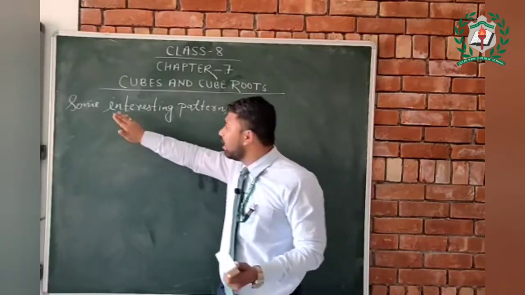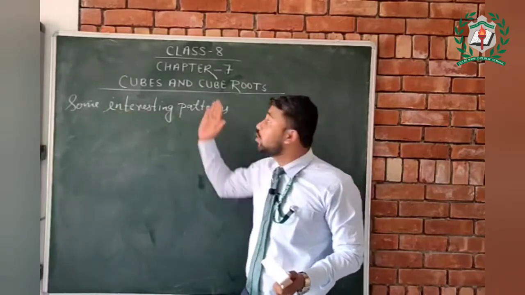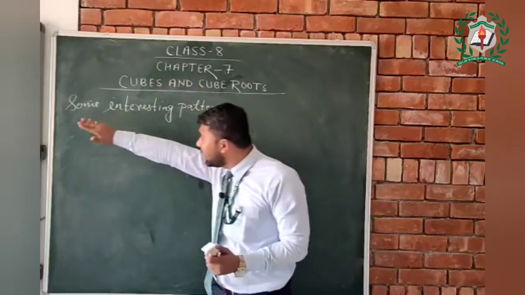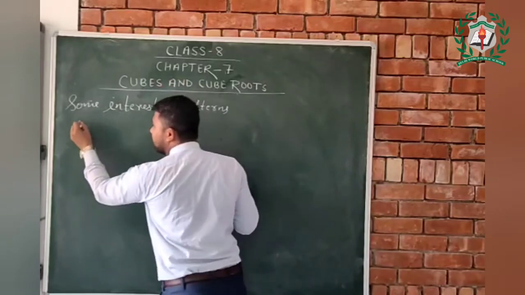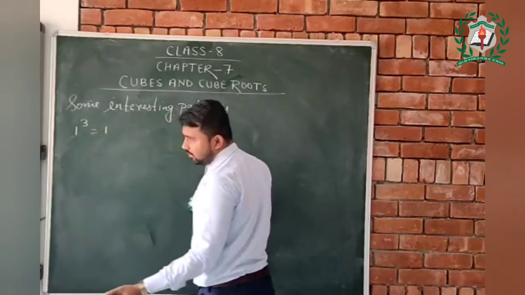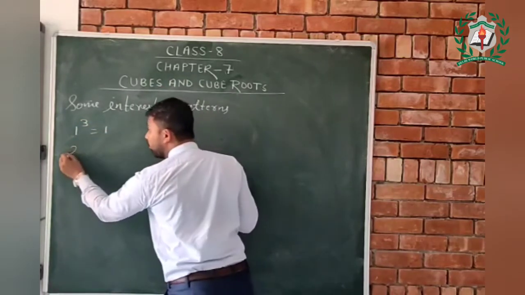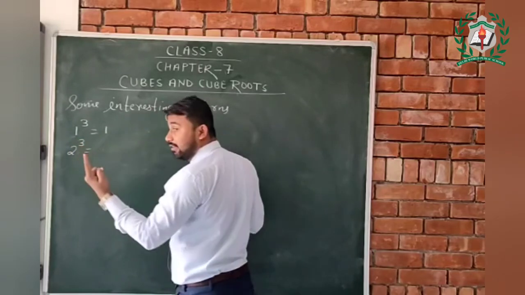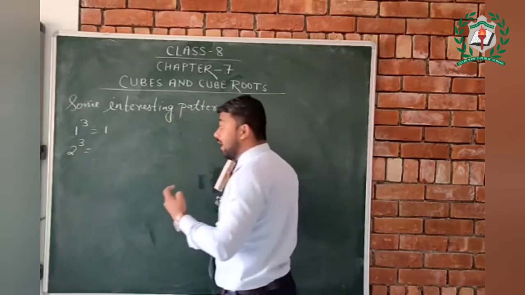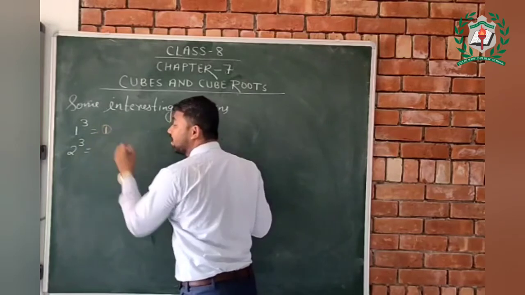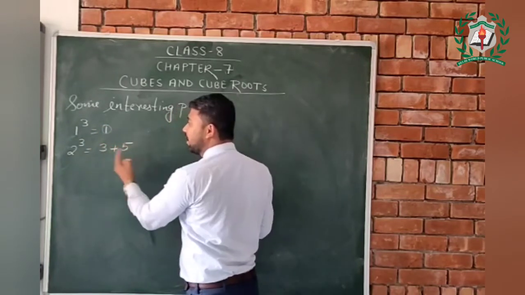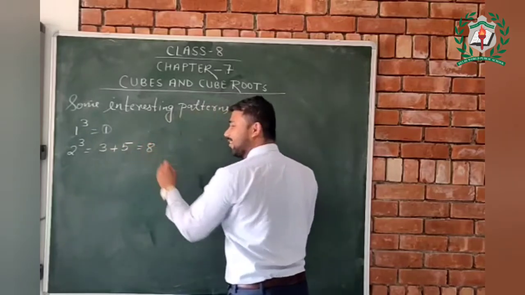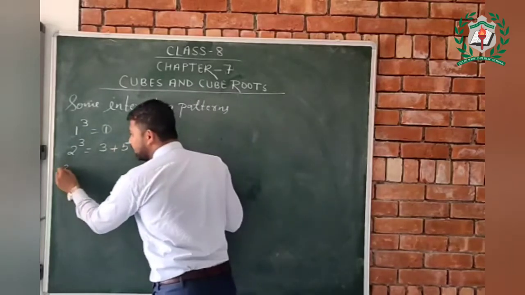Here we have again an interesting pattern for cube. For example, 1 cube is 1. 2 cube is 8. After 1, which odd number comes? 3. After 3, 5. 3 plus 5 is 8. Very good.